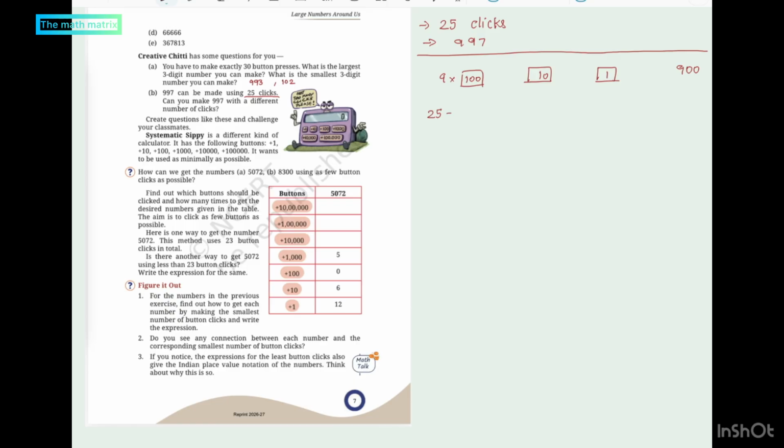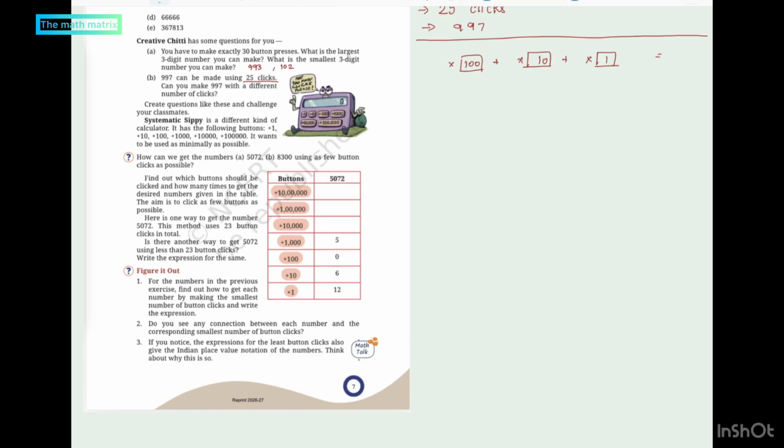After 9 we have 25 minus 9, 16. So 16 can be divided into 7 ones and 16 minus 7 which is equal to 9. So 9 tens. So we get 9 hundreds, 9 tens and 7 ones in 25 clicks.